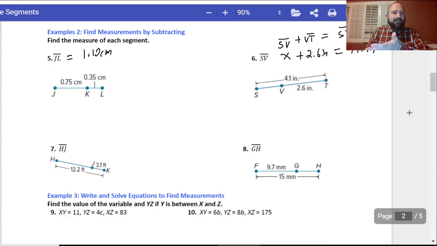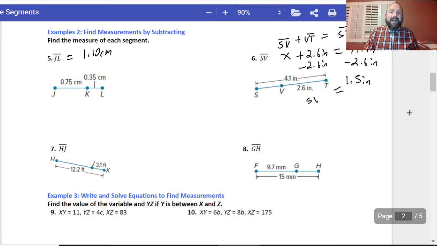Well, what do I need to do? I need to subtract 2.6 inches on both sides. When I do that, 4 minus 2 is 2, 2.1 minus 0.6 would be 1.5 inches. So that's equal to X, or that's equal to SV.